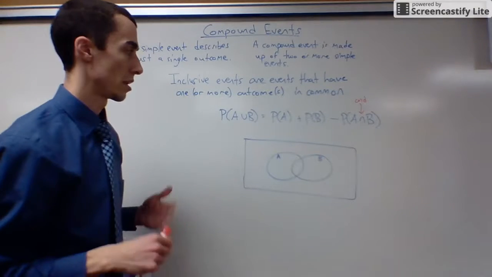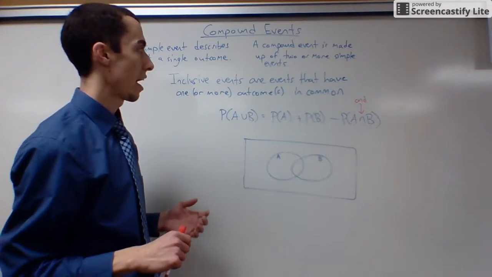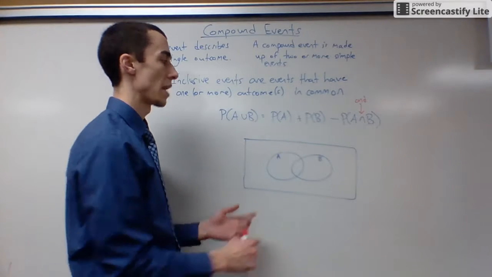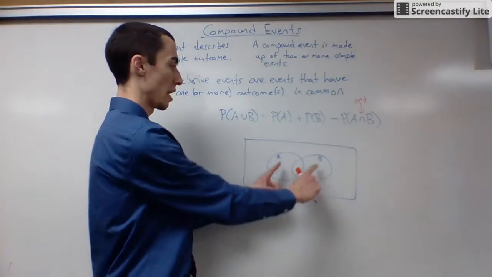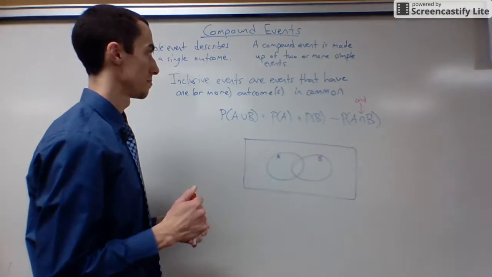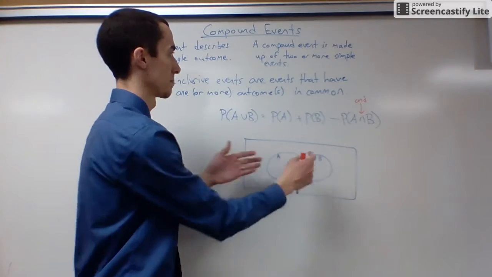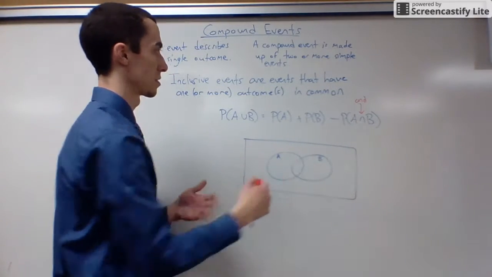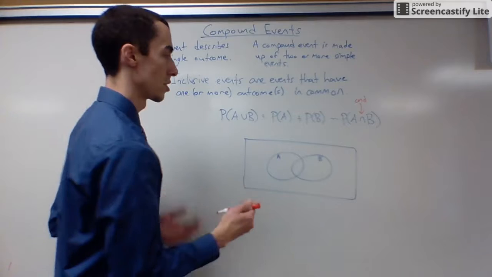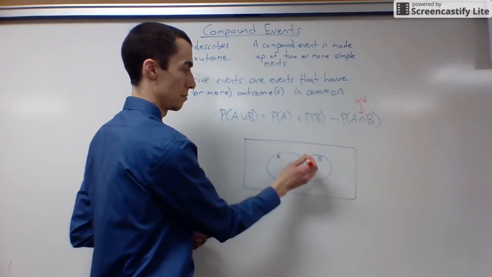Here's what this looks like in a Venn diagram form. Since these have one or more outcomes in common, I'm going to do an example where we have two events that have some outcomes in common. So A is here and B is there.